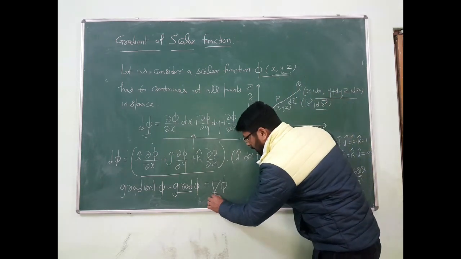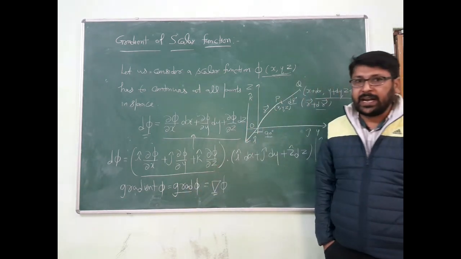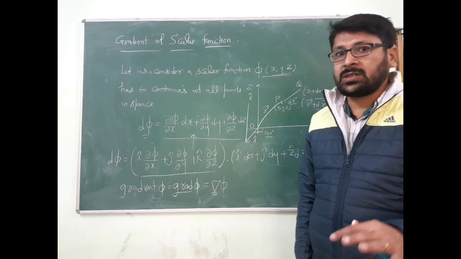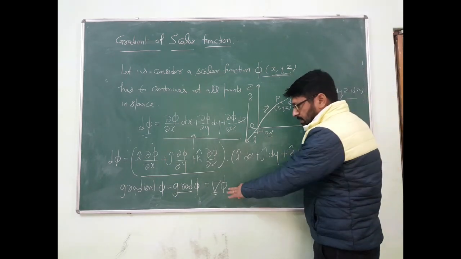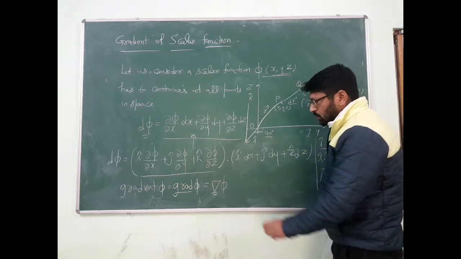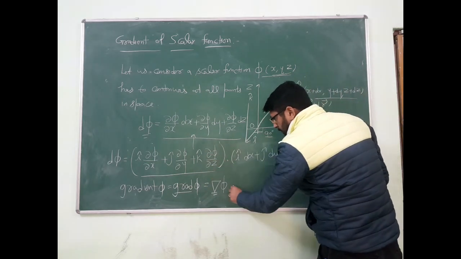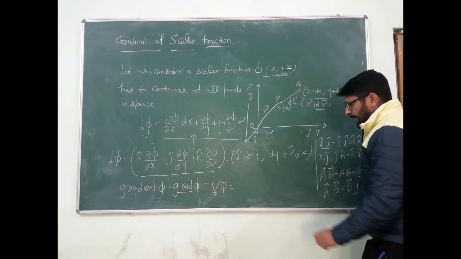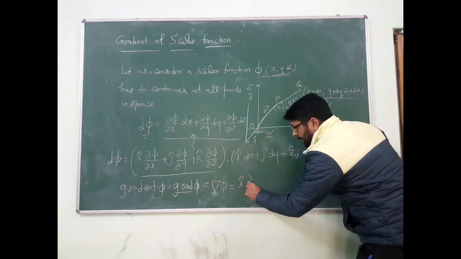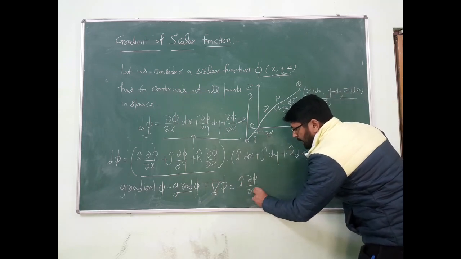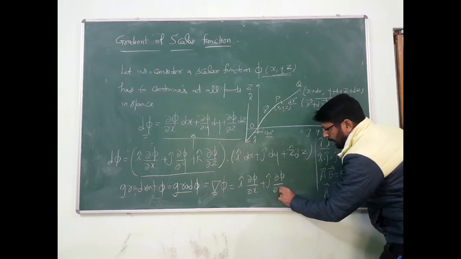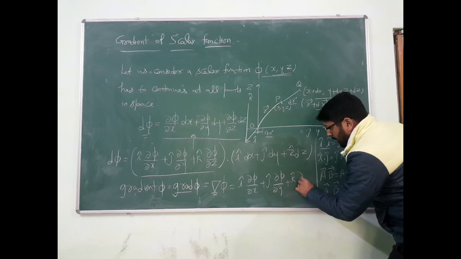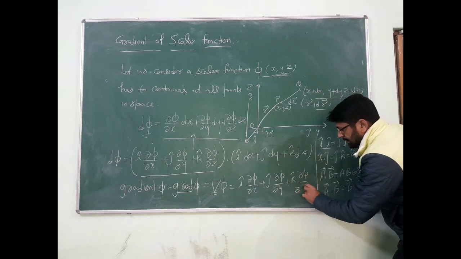This is the symbol for gradient. From now onward, whenever we say gradient or grad, we always use this symbol. This first term is our gradient: i cap ∂φ/∂x, j cap ∂φ/∂y, k cap ∂φ/∂z.